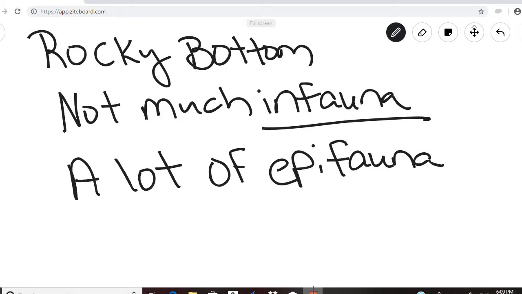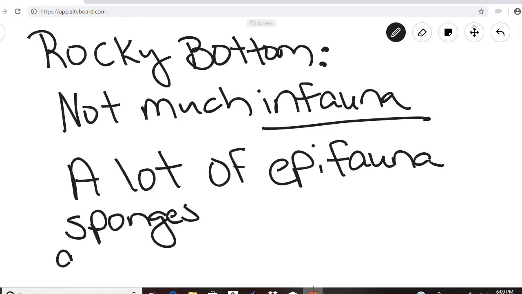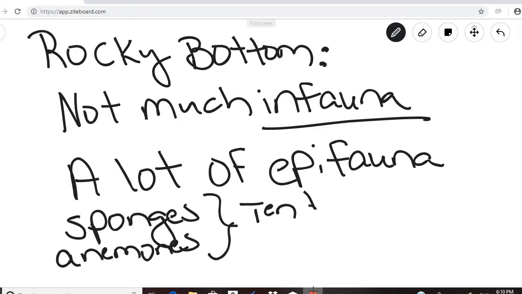Some of the things that we would see in these areas would be things like sponges. Anemones are pretty common. And many of these tend to live in colonies. I'll show you a picture of an anemone colony.